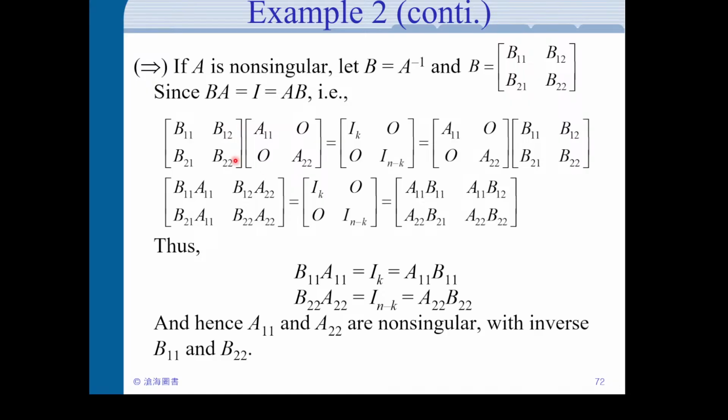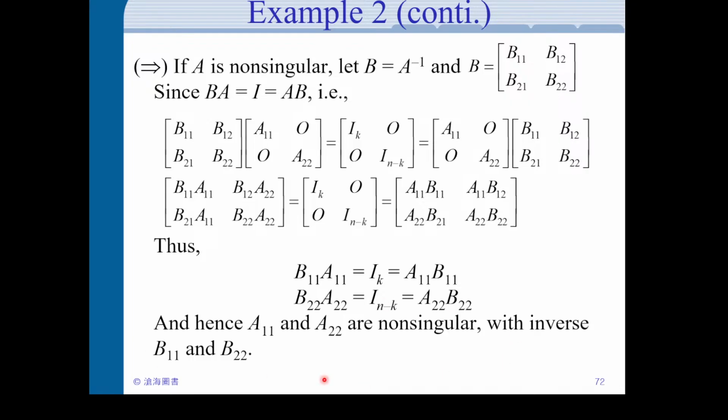And this element is this multiplied on A22, etc. Then from this being identity, we see that B11 A11 equals identity, and this equals identity, and this equals identity, and then we see that B11 is the inverse of A11, and B22 is the inverse of A22, and so A11 and A22 are both non-singular.